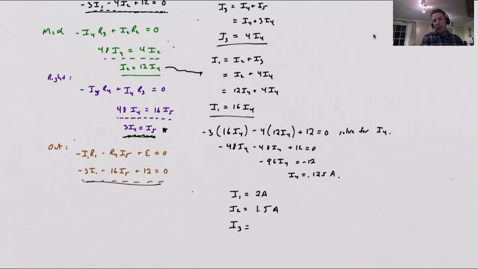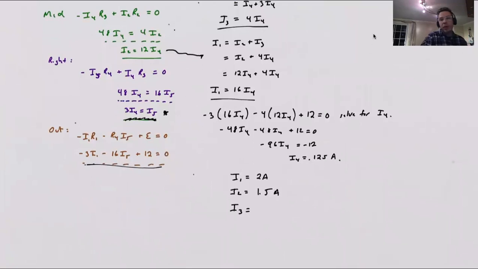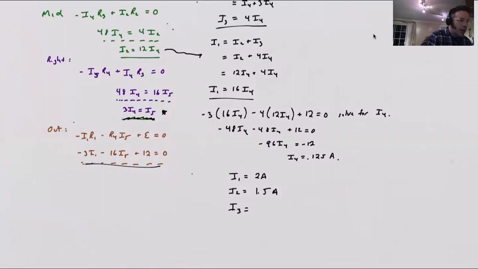I3, which did not appear in any loops, but we now know it because we got it from the junction rule.